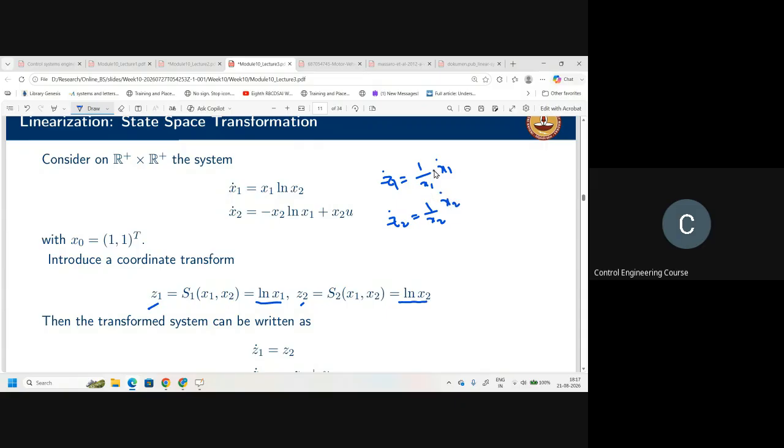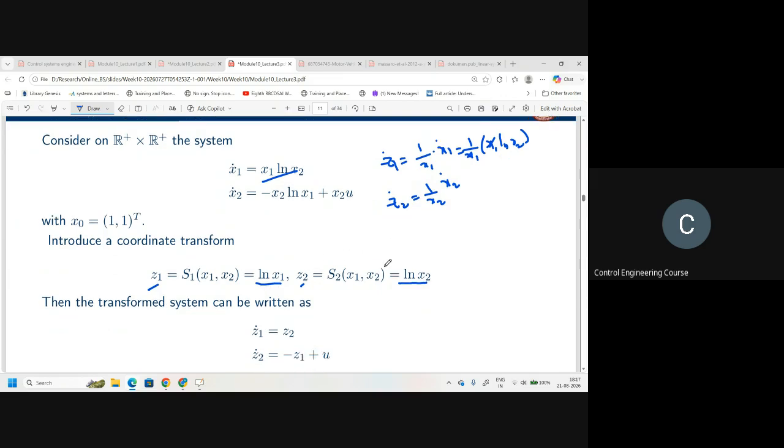So x1 dot is x1 ln x2, so 1 by x1 into x1 ln x2, this gets cancelled. So you will get ln x2, which is nothing but your z2.